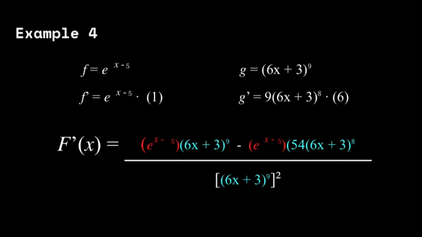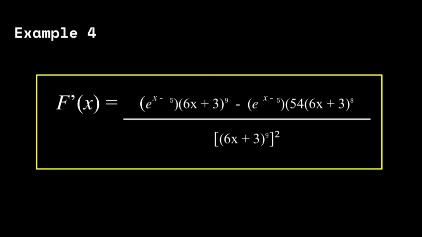So for example, for g prime, I multiplied the constant 9 and 6 to get 54, times 6x plus 3 to the 8th power. It is possible to continue simplifying this answer, but you also risk messing it up in the calculator like I have, so it's best to just leave it as is.